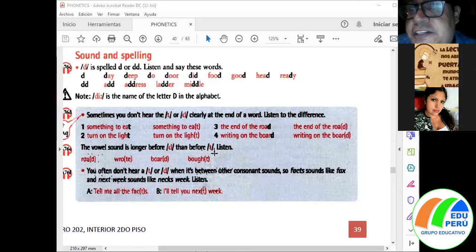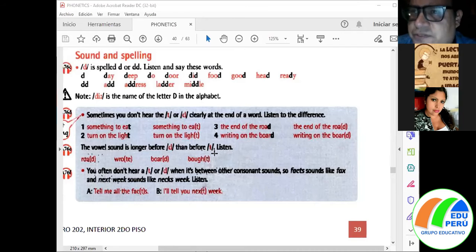For example, first in a slow way: something to eat. You pronounce clearly. When you speak in a connected way, you omit the ta at the end: something to eat. Notice the ta is very soft.